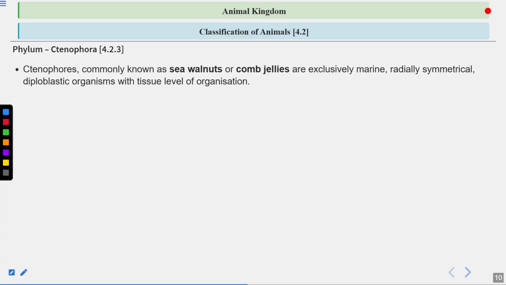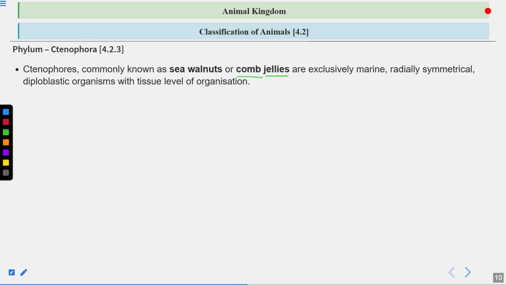If you see the structure of the ctenophores, they look like walnuts or comb jellies. Why is the word jelly there? Because you see a jelly-like substance that could be squeezed, right? And why are they called comb?